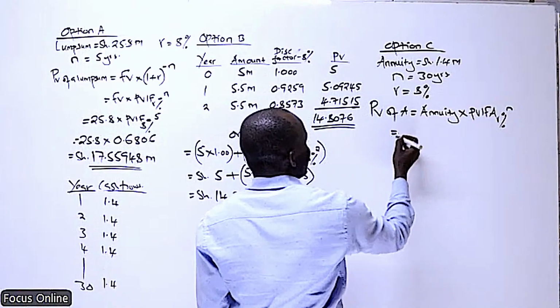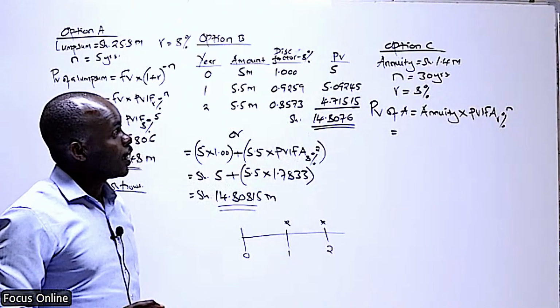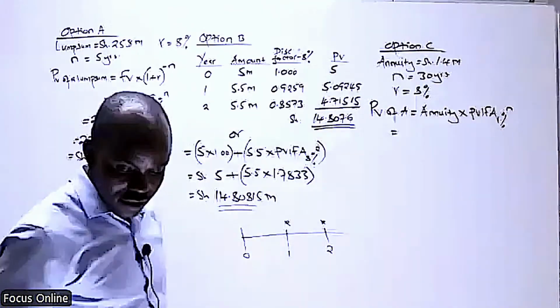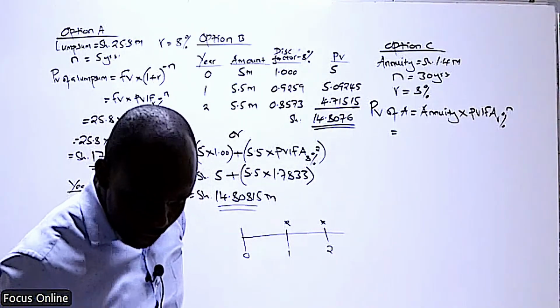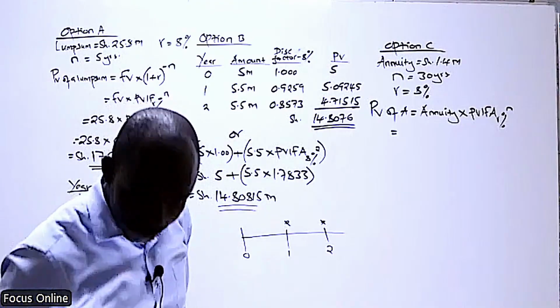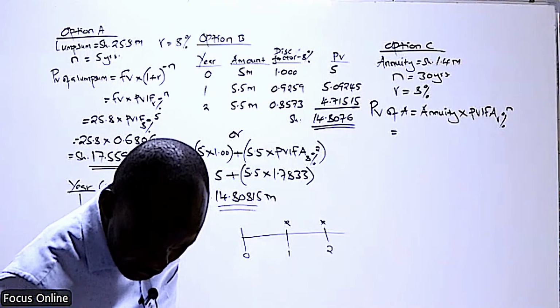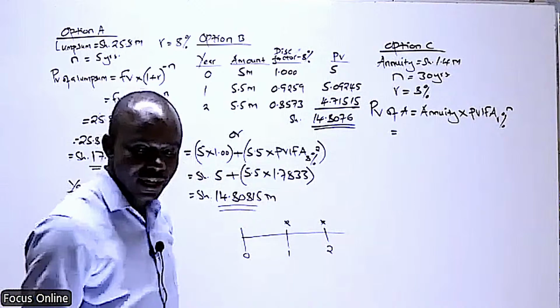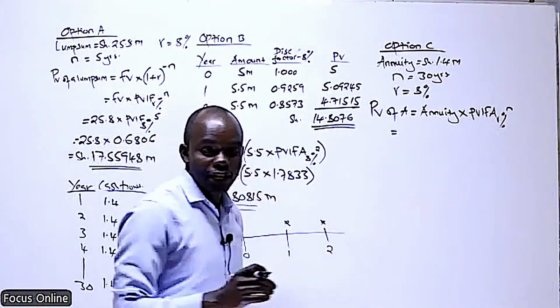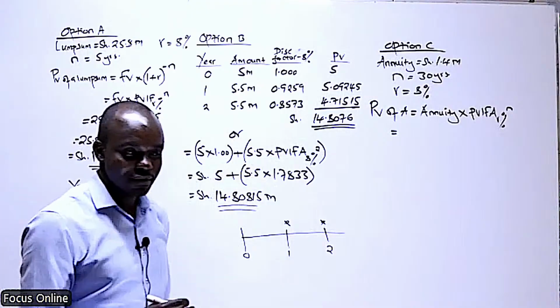Another important thing in this question is option C. In option C, we have been told that the payment will occur at the end of the period, the first payment being made at the end of the year. So this is an annuity that occurs at the end of the period, not at the beginning.